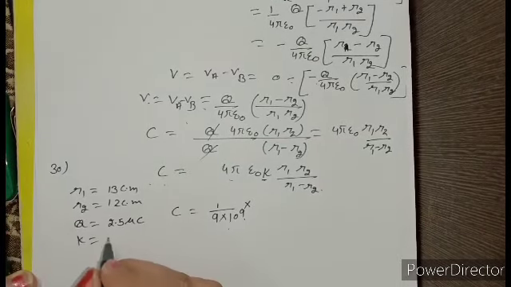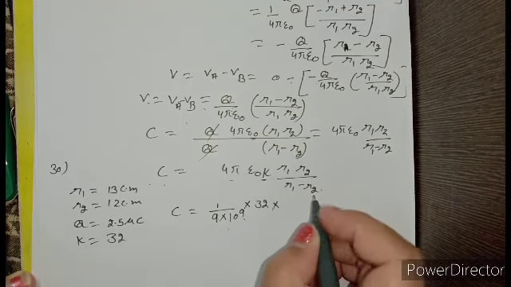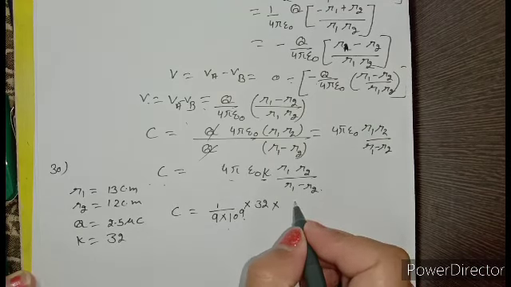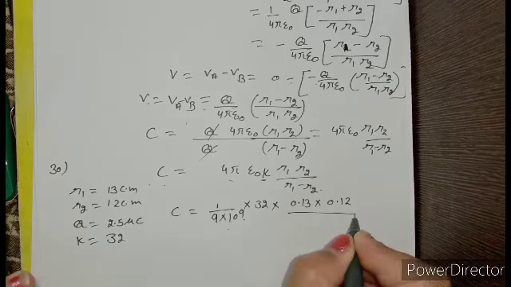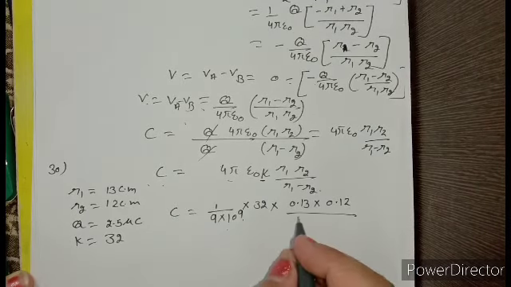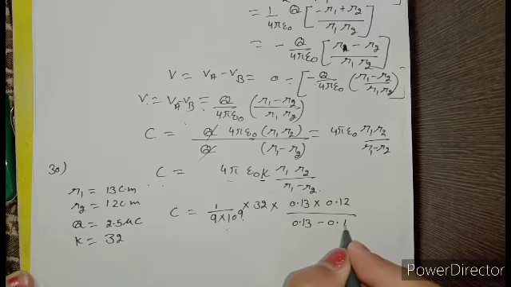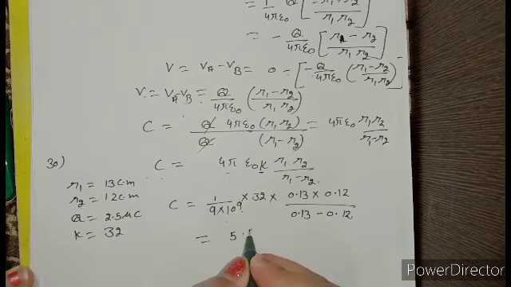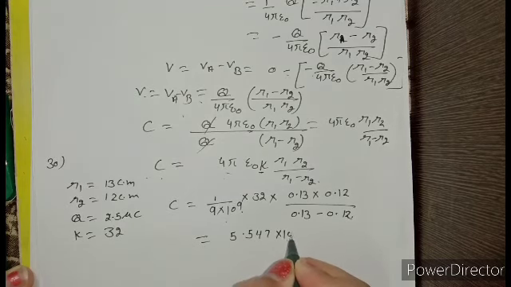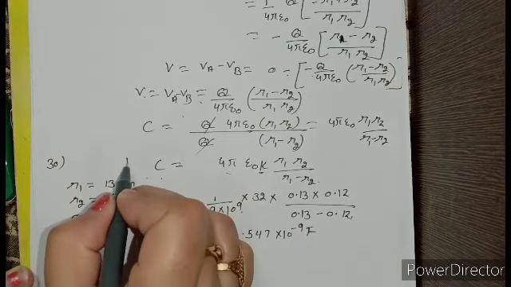K is 32, so this will be multiplied here, 32 into R1 into R2, so this will be equal to 0.13 into 0.12, and here we will have 0.13 minus 0.12, right? When we solve this, then we get the value 5.547 into 10 raised to power minus 9 Farad. Okay, this is the part 1.